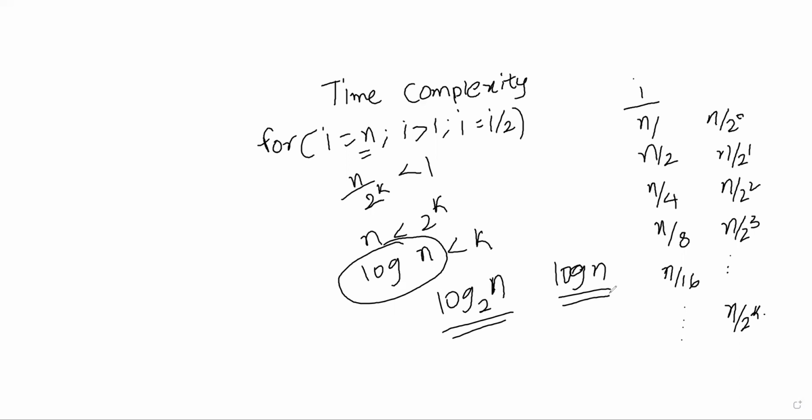Let me ask you one more thing. So this is all about for loops. From yesterday, we have been seeing all the for loops, right? So now, what would be the time complexity for this if i is less than 2?